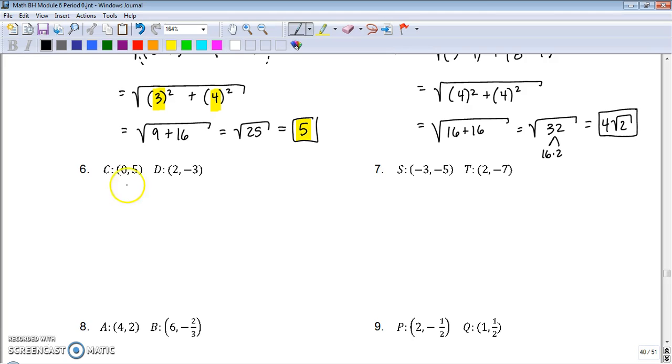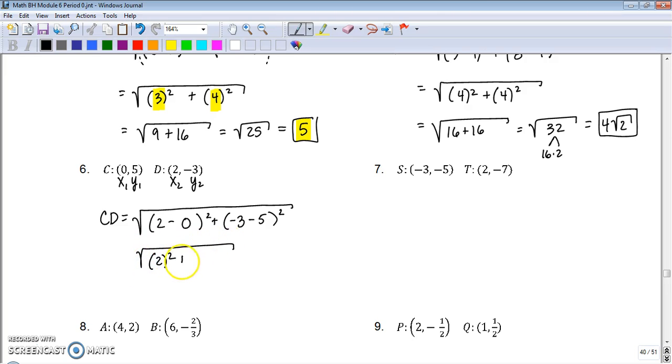Number 6. So 2 minus 0, negative 3 minus 5.